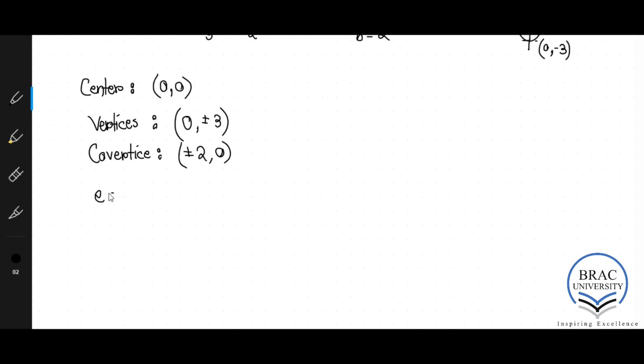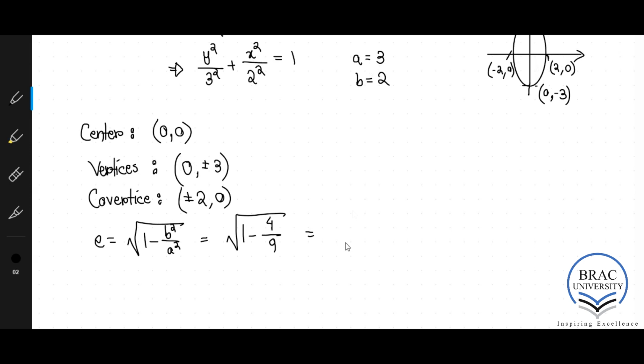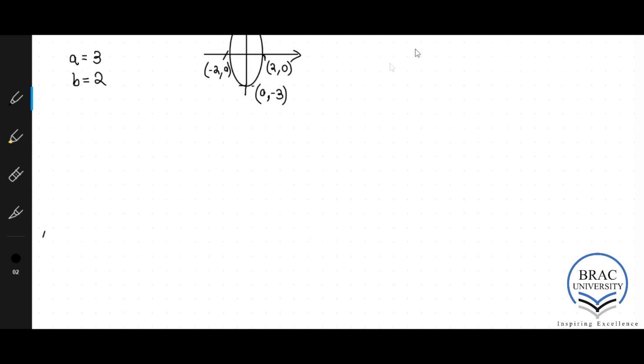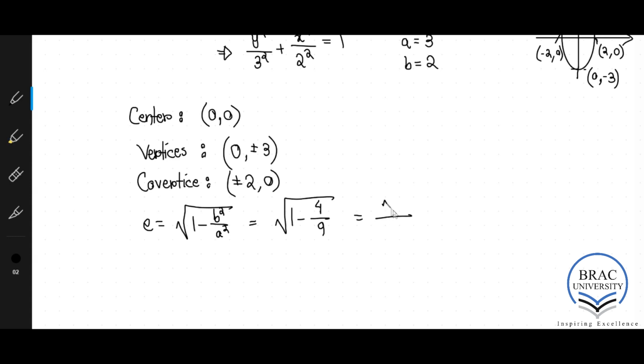Let's go ahead and define the eccentricity. So that's the square root of 1 minus b squared over a squared. And this becomes 1 minus 4 over 9. b squared is 4, a squared is 9, right? So we have the eccentricity as square root of 5 over 3.